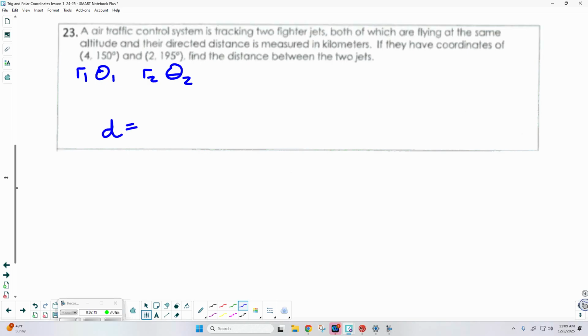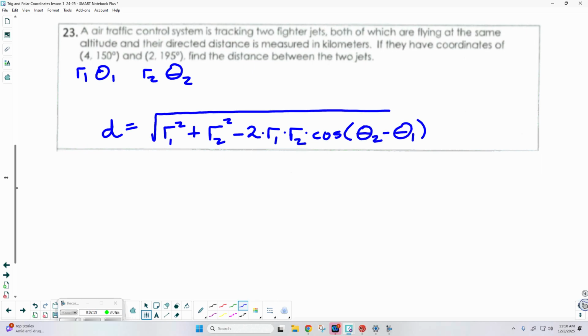The distance was going to be the first radius squared plus the second radius squared, and I'm going to subtract 2 times the first radius times the second radius times cosine of theta 2 minus theta 1, and then all of that was below the radical. So there was our formula.